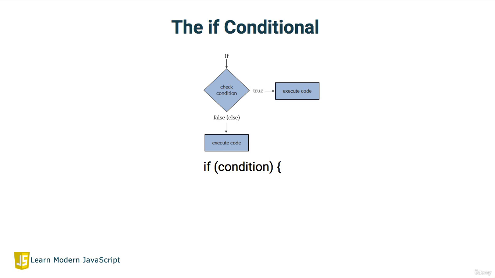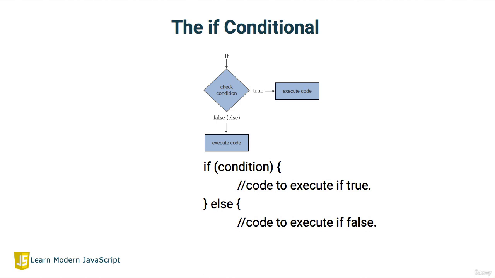If the condition evaluates to true, it executes the code that's inside of curly braces. Let me put the end curly brace there. Now, if the condition is false, it will execute some code that is inside the second set of curly braces, which comes after the else. Else is also a reserved word in JavaScript.